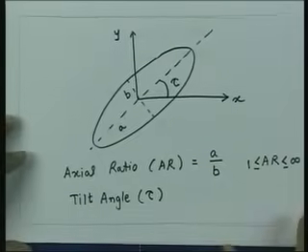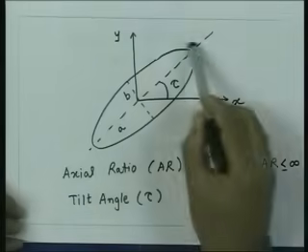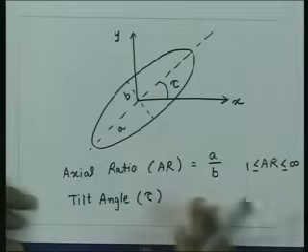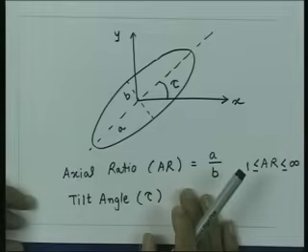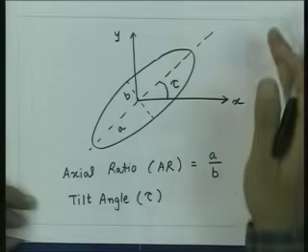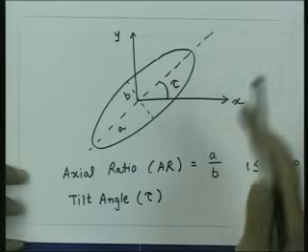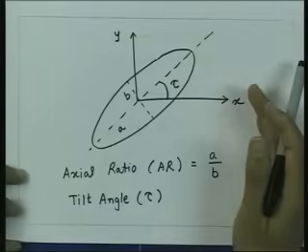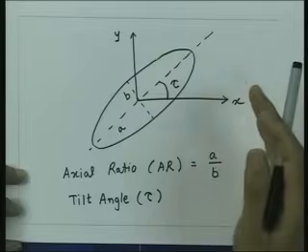So, the convention we follow is, if the axial ratio is positive, so I am artificially putting a sign on the axial ratio. If the axial ratio is positive, then we say that the sense of rotation is left-handed. If the axial ratio is negative, then we get the sense of rotation which is right-handed.